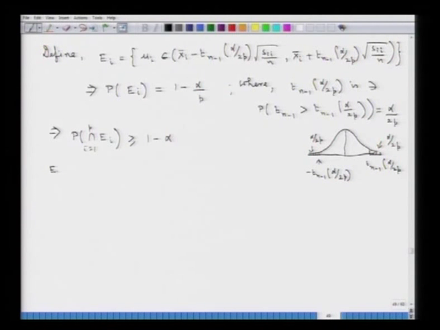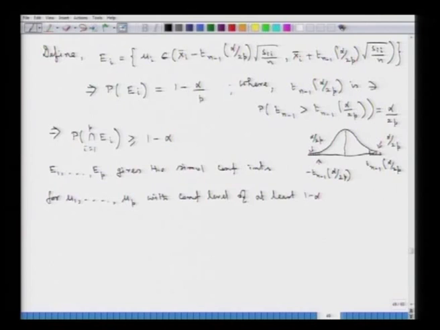So this E1, E2, up to Ep gives the simultaneous confidence intervals for the parameters mu1, mu2, up to mu p, with confidence level of at least 1 minus alpha.